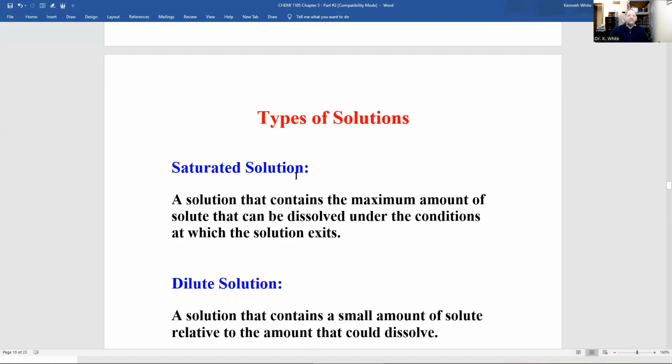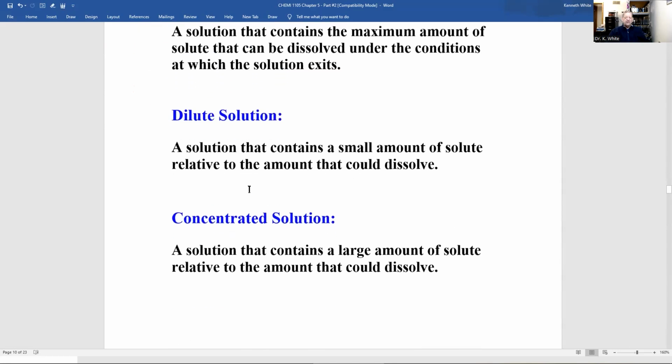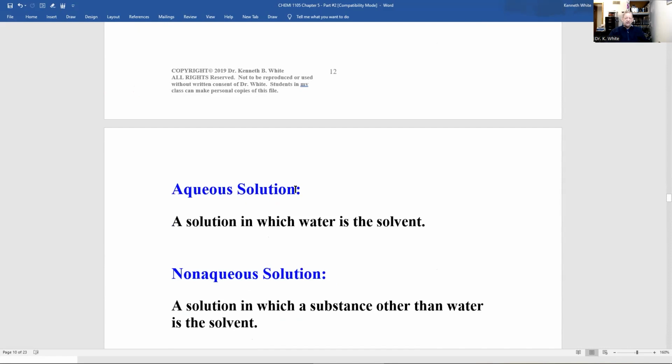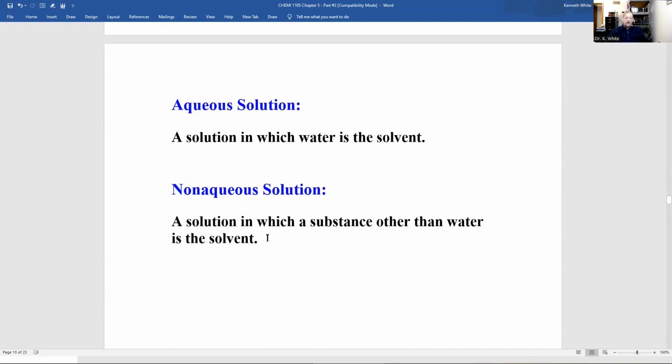All right, now, there are different types of solutions. You should know this. There's a saturated solution, dilute solution, concentrated solution, and aqueous solution, and non-aqueous.